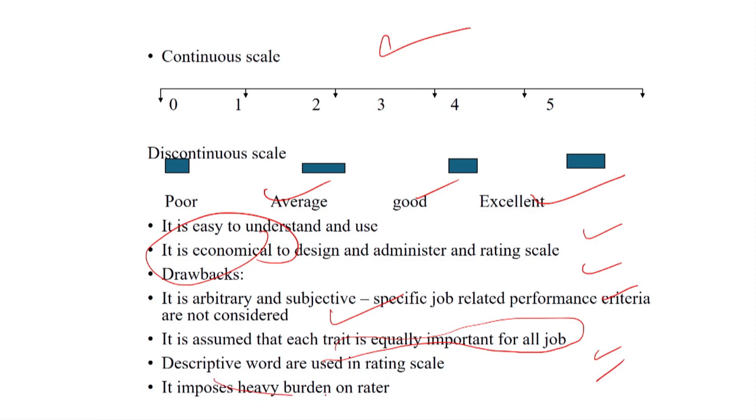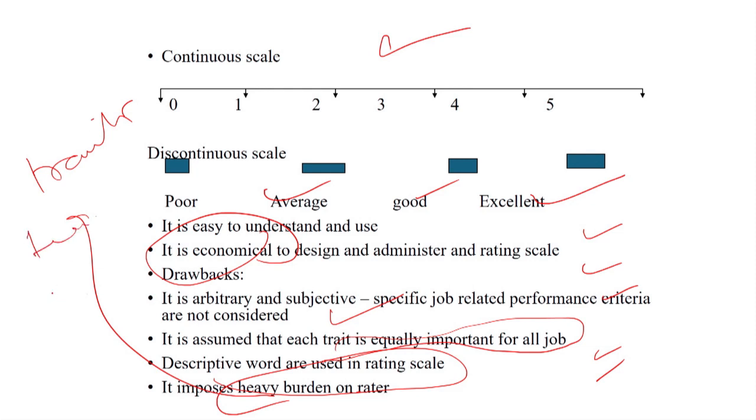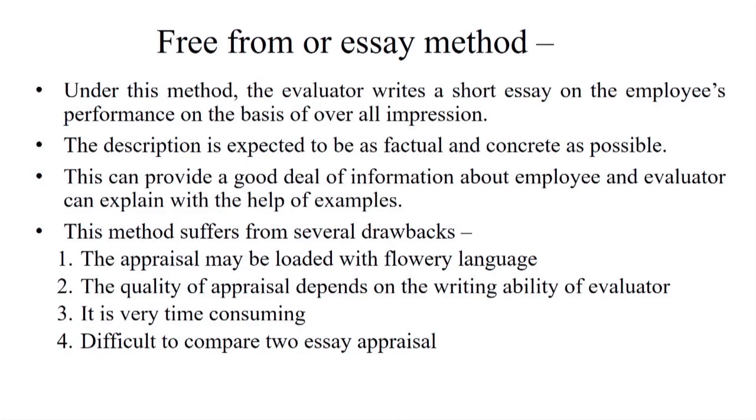Why? Because a lot of traits have to be evaluated, right? These traits can be related with teamwork, the quality of work, damage, attendance, machinery, or supervision, so on and so forth. So these are the drawbacks which are associated.